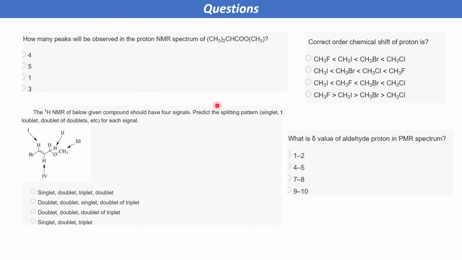Predict the splitting pattern, singlet, doublet, doublet of doublets, for each signal. Basically in the structure there are 4 types of proton that are visible.